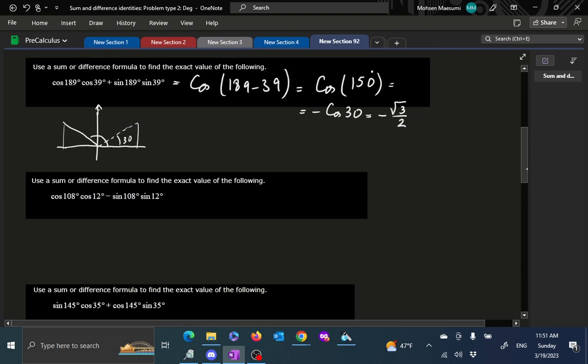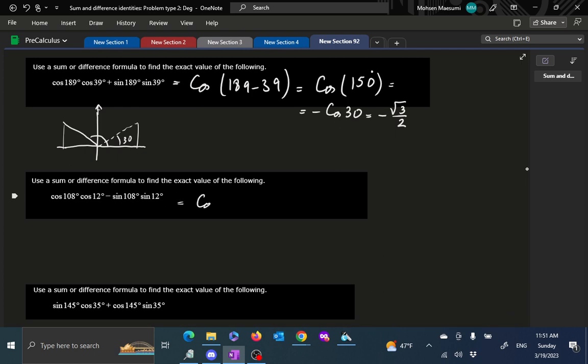How about cosine minus sine? Well, that's going to be cosine of the sum 108 plus 12, and it's going to be cosine of 120. And we said one more time, let's do this thing, 120. It's in the second quadrant. We might not be all that comfortable with that. What do we do? Take reflection so I end up in the first quadrant.